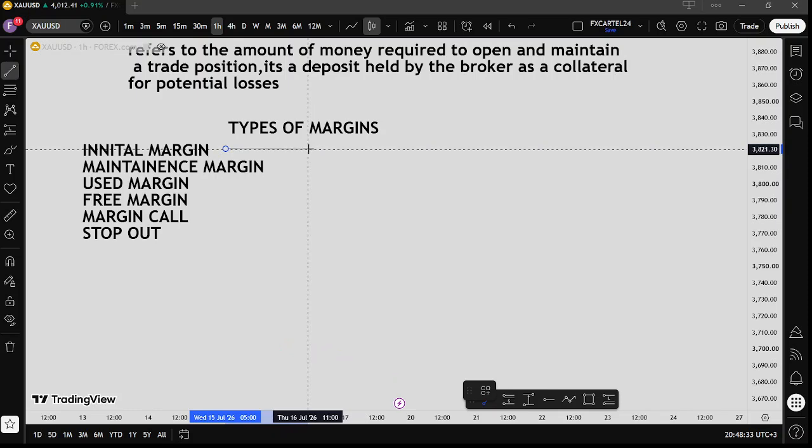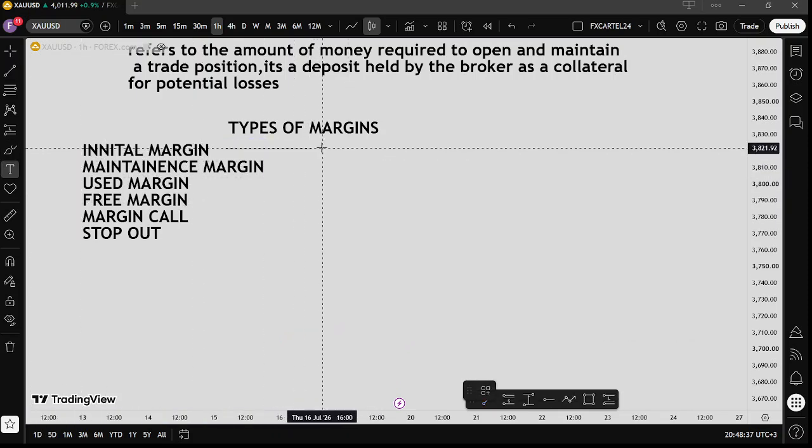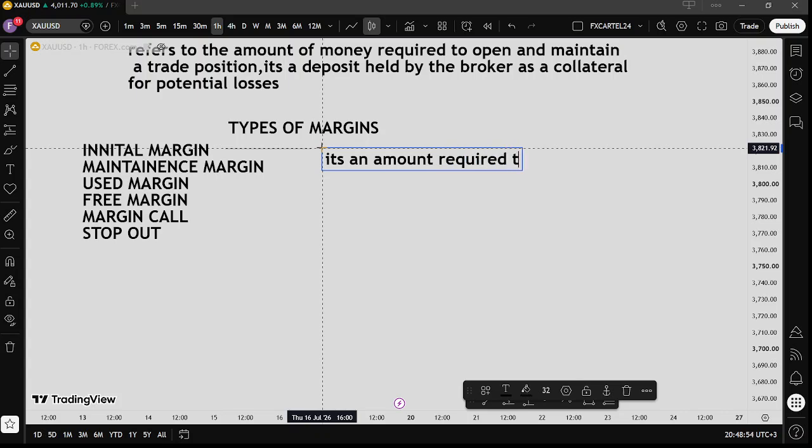So initial margin is the amount required to open a trade.